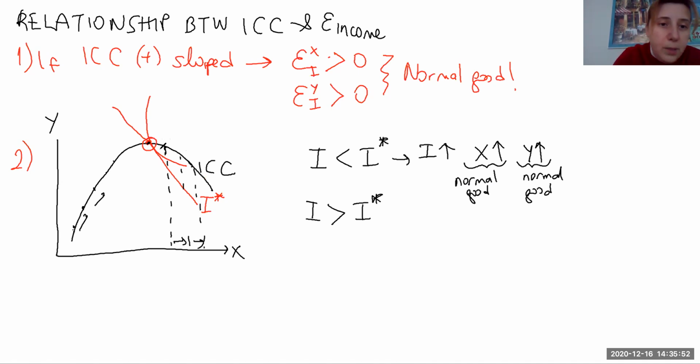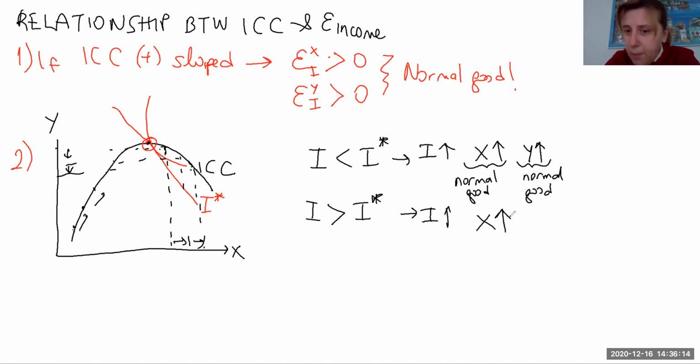However, the amount of Y consumed starts to decrease. So what can you say about good X and good Y in that case?